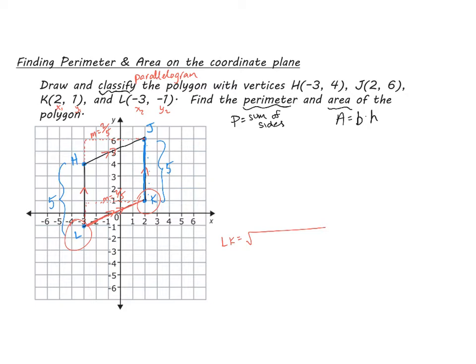I really just think of it as the difference of my x's squared plus the difference of my y's squared, which looks an awful lot like the Pythagorean theorem. So we'll say x2 minus x1, -3 minus 2 squared, plus -1 minus 1 squared.